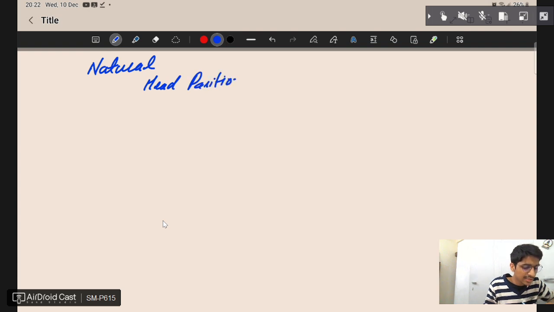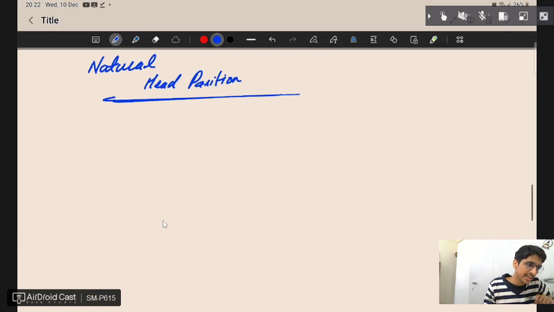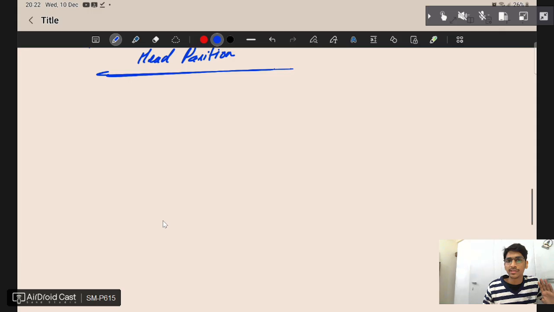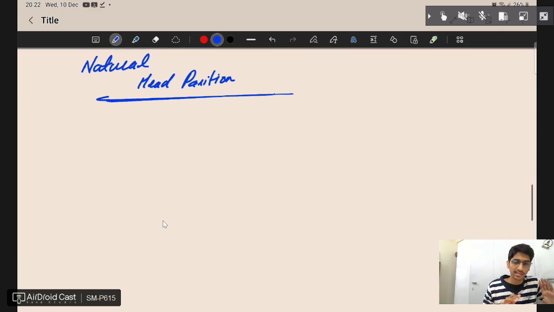What is the natural head position of a patient, guys? It is the position of the patient while taking the ceph. We have to align the patient in a certain manner such that his or her head is straight.